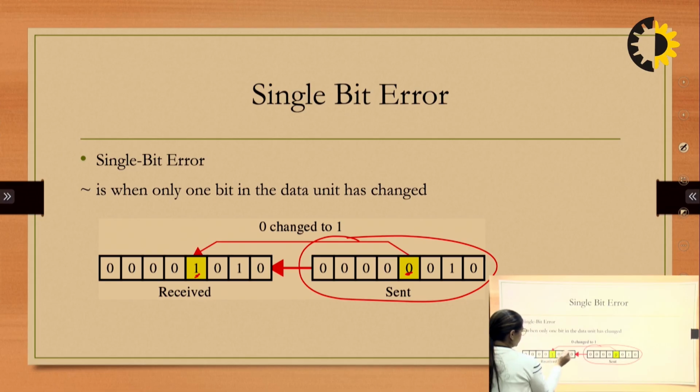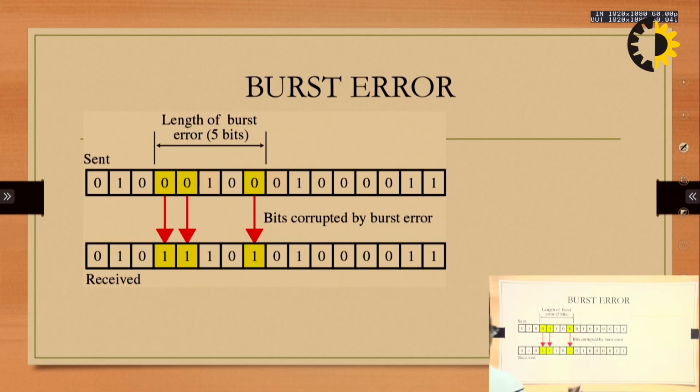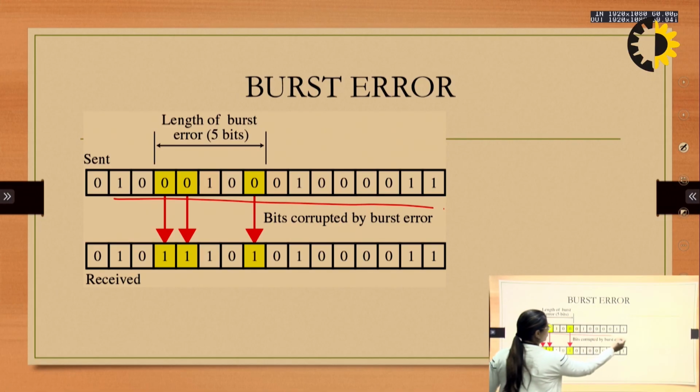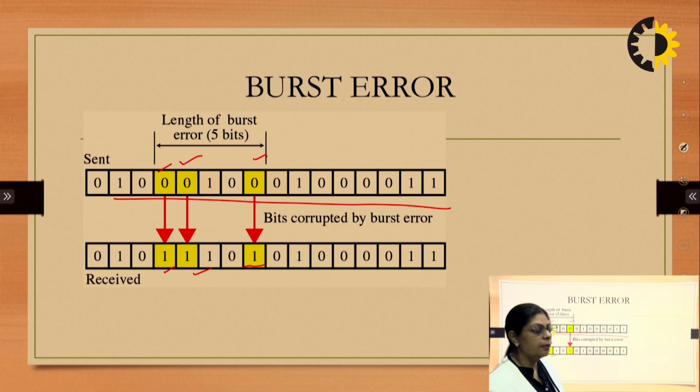So the receiver is receiving this data with a single shift in the bit, meaning one bit in the data is changed. Burst errors are when multiple bits are changed. You can see this is the whole data sent by the sender, and these colored bits are changed when it reaches the receiver. These types of errors are called burst errors.